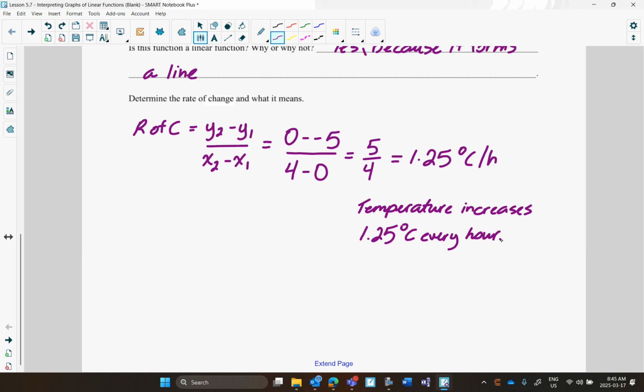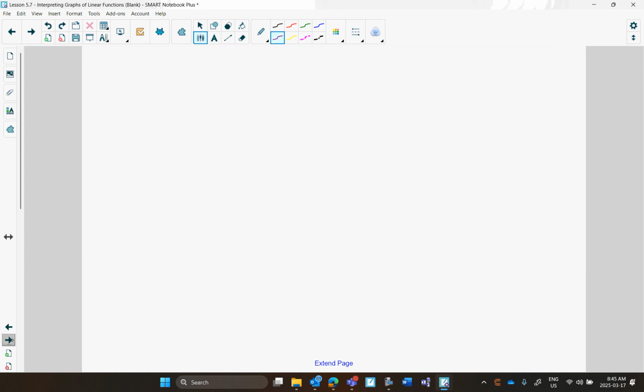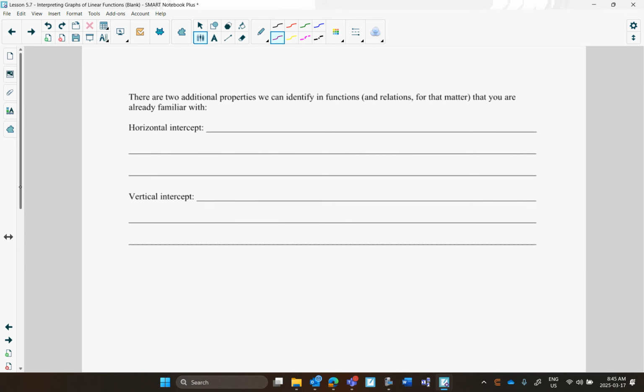One property we're going to add, or properties, but we've seen it before, is the horizontal intercept and the vertical intercept. Well, remember, the horizontal is the same as the x-intercept. It's horizontal, then x-axis. Vertical, then y-axis, so which means it's y-intercept.